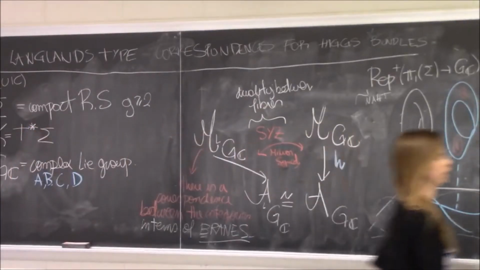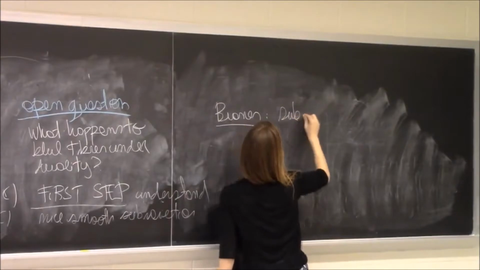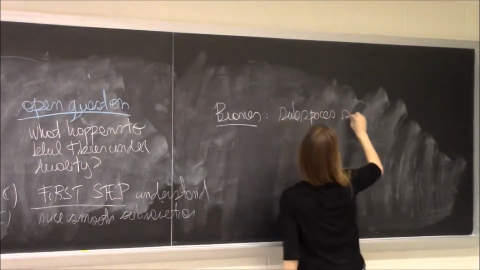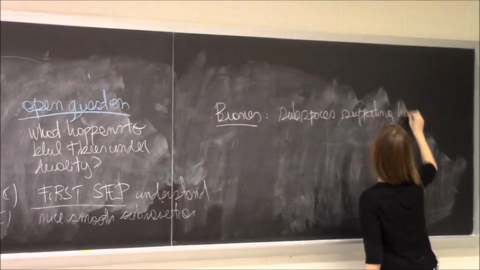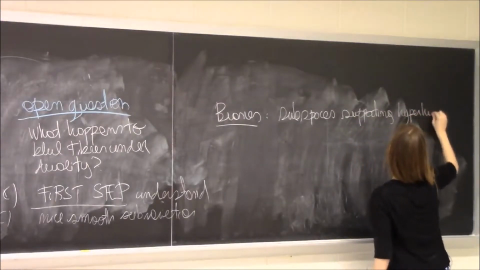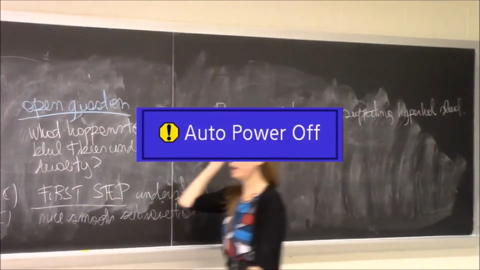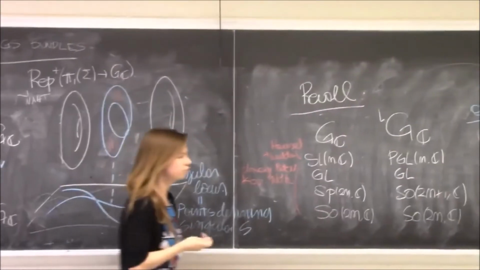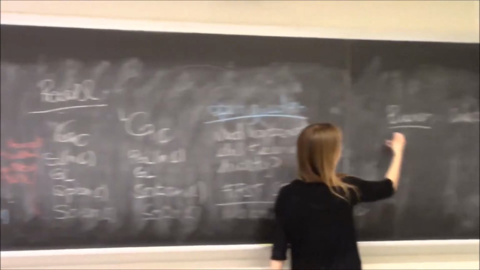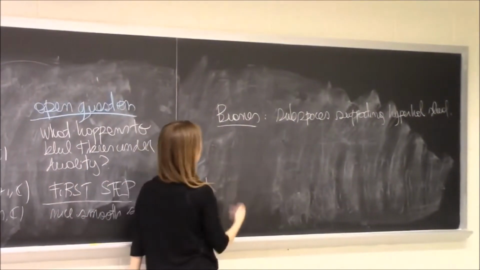So branes are subspaces supporting hyperholomorphic sheaves. And depending on the properties that these branes have, they will be called A branes or B branes in one space or the other. So what we're going to use in order to define branes and to try to put the questions in context of branes is the following.